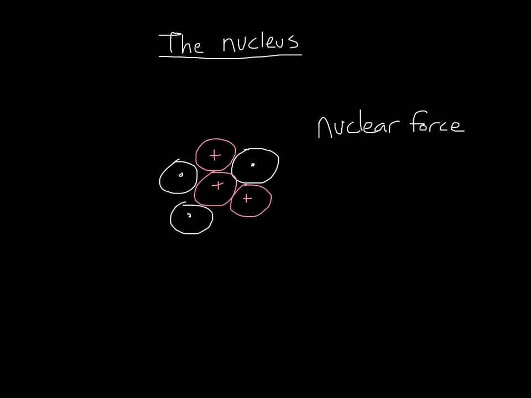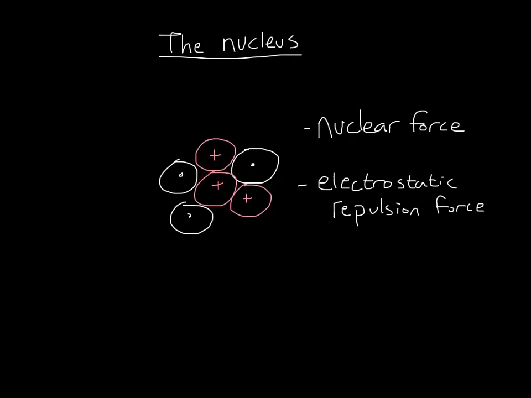So there are two things acting inside of a nucleus. The first one is the nuclear force, which is holding it together. And then there's also the repulsion force, also known as the electrostatic repulsion force. Electrostatic just means charges. Repulsion means they're pushing away. And force is just kind of the oomph behind it. So electrostatic repulsion is like charges repelling each other.